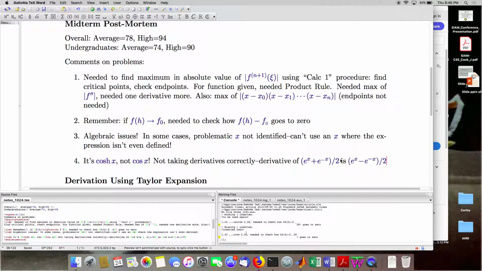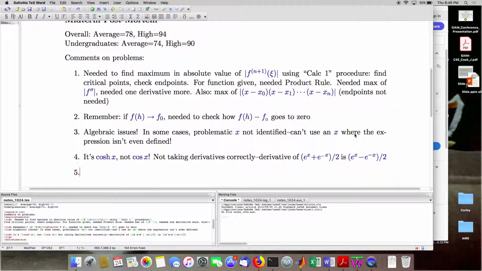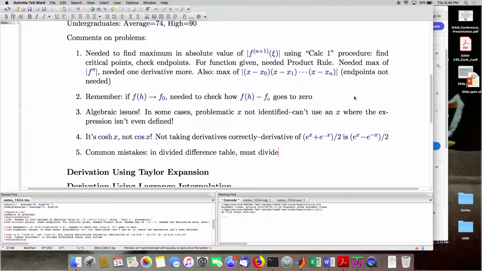And then for the last one, Newton interpolation. There were two mistakes in particular that were pretty common. In a divided difference table, you must divide by a difference of x values.